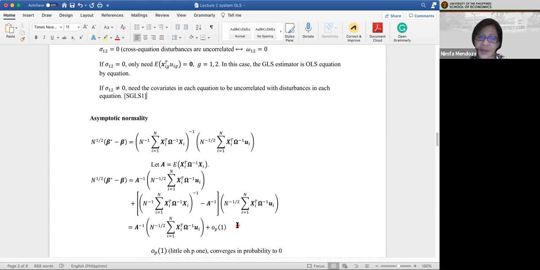The results would be very similar to what we have for system OLS, except that we now get expressions involving omega, which we assume for now to be known.